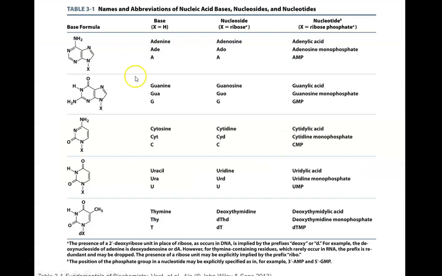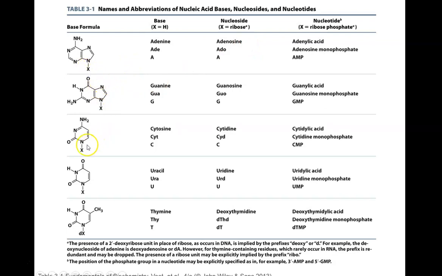So here's a nice table, I think, of all of the bases and how we build them. These are the bases, and we have adenine, guanine, cytosine, uracil, and thymine, and these are the abbreviations. And when we attach, this X right here could be ribose, or maybe deoxyribose, depending on what nucleic acid we're going to build.